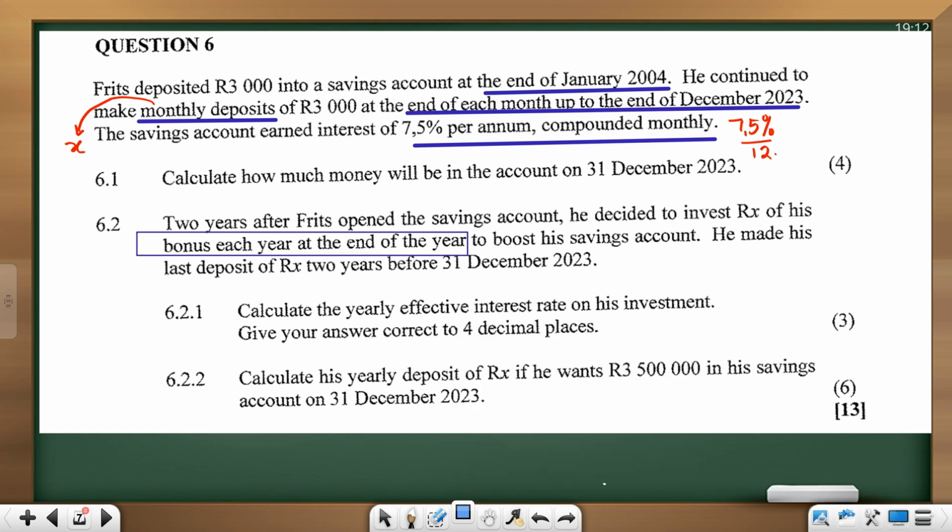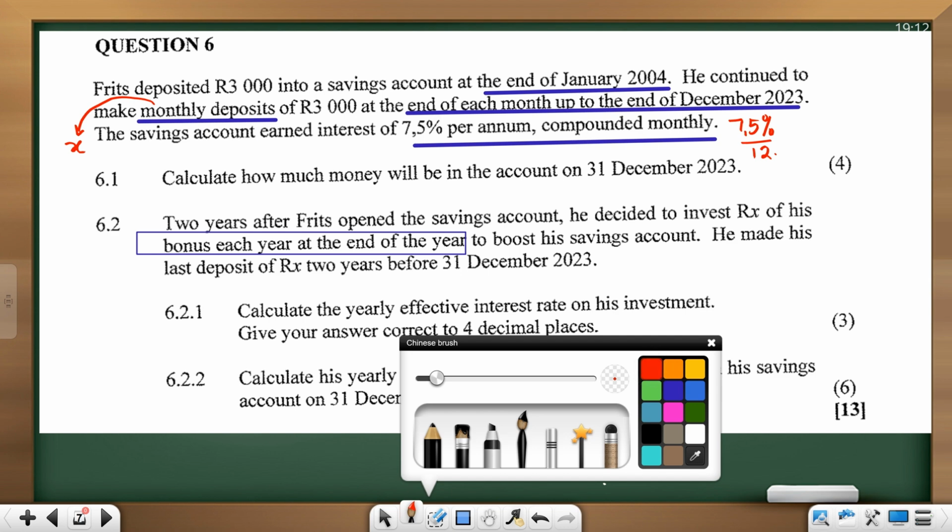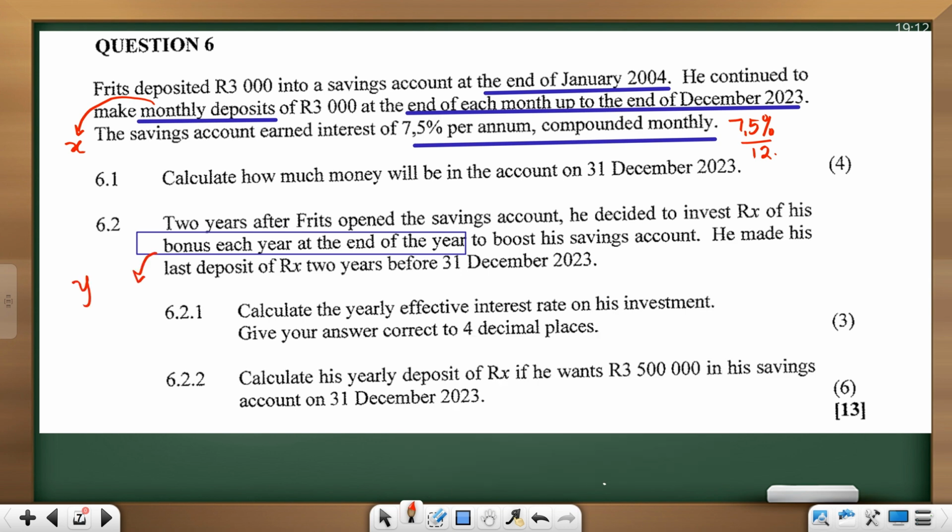When is the deposit made? The deposit is made yearly. How is the interest calculated? Monthly. You cannot use monthly interest for yearly deposits. So my interest must also be yearly.